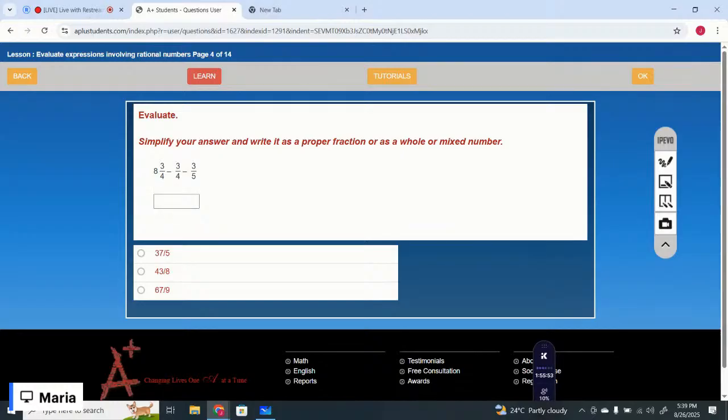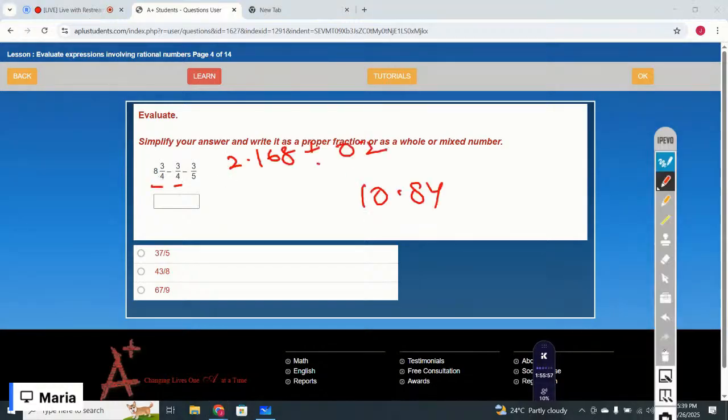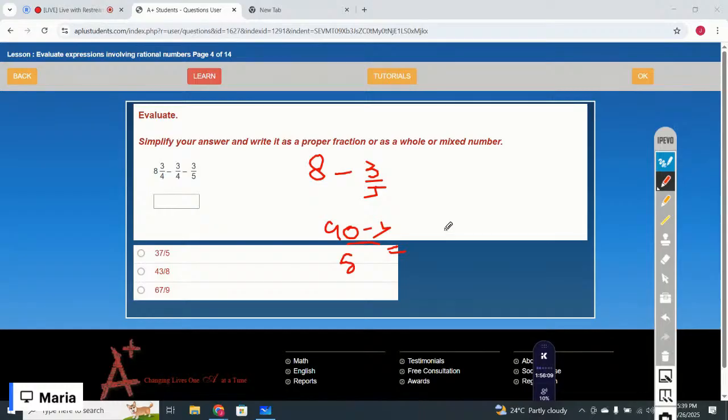8 whole 3 by 4 minus 3 by 4 minus 3 by 5. So 3 by 4 minus 3 by 4, we're left with just 8. 8 minus 3 by 5 is 37 over 5.